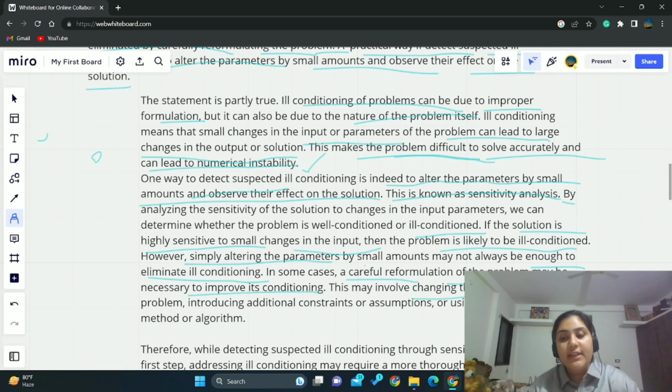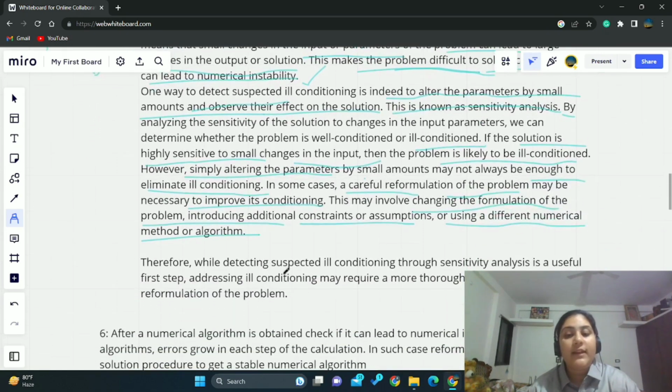This may involve changing the formulation of the problem, introducing additional constraints or assumptions, or using a different numerical method or algorithm. Therefore, while detecting ill condition through sensitivity analysis is a useful first step, addressing it may require more thorough analysis and reformulation of the problem.